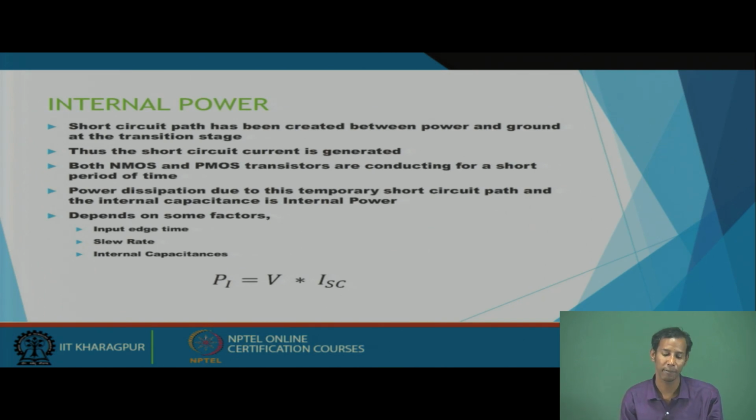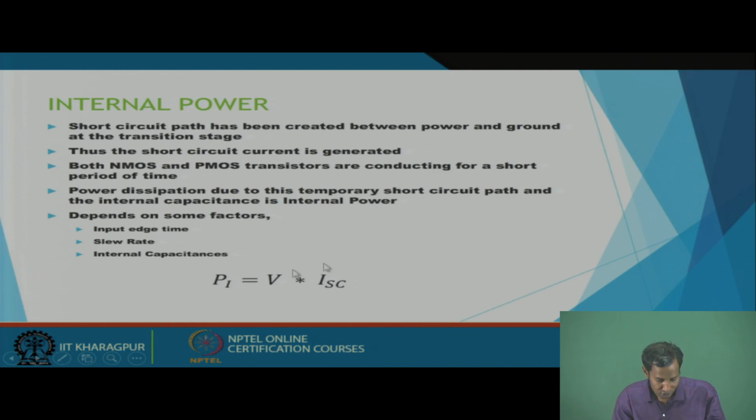Depending on the factors, the input transition time, slew rate and internal capacitance, the internal power is the voltage multiplied with the short circuit current.